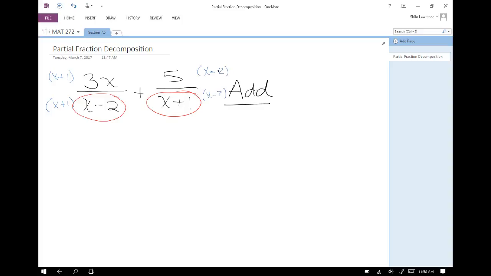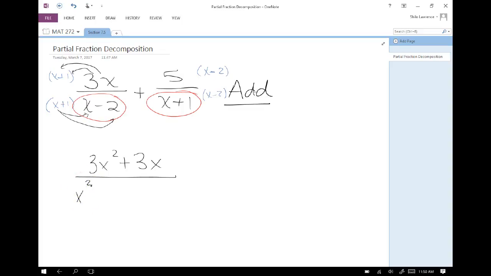When I get my common denominator, I can then add my numerators. So I'm going to rewrite what I'll have. Here I'm going to have to distribute. So I get 3x squared plus 3x over, and I am going to FOIL these and see what that new denominator is.